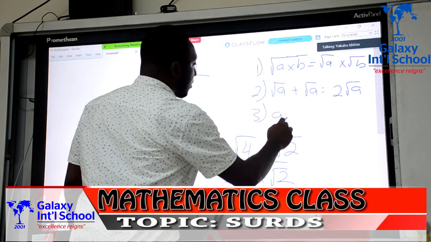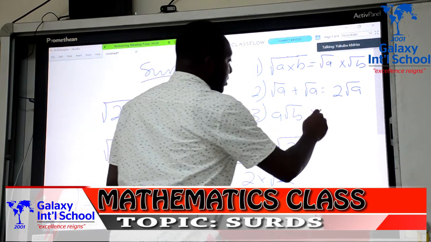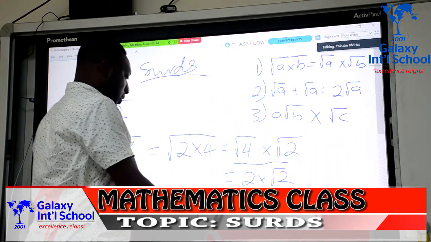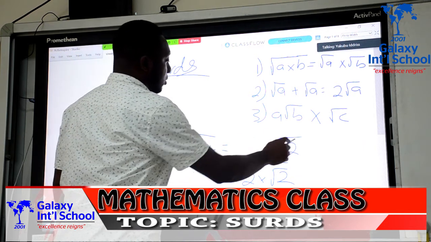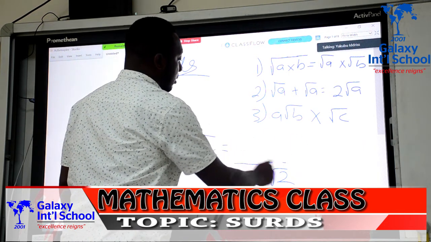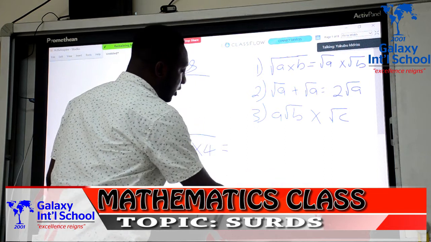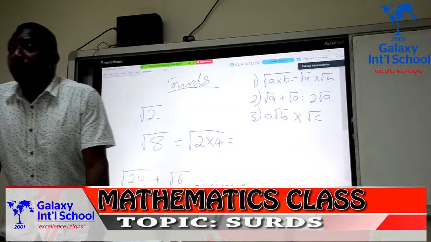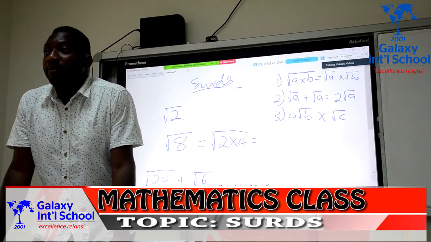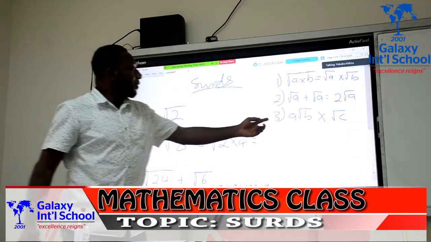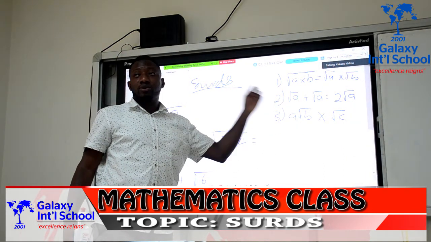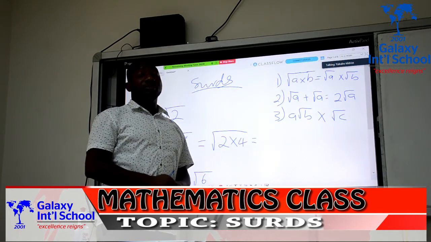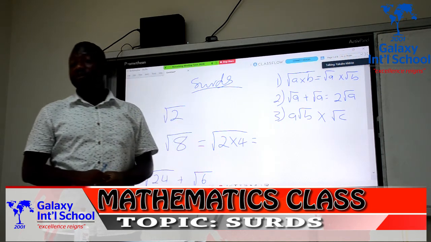If we have A root B times root C, A root B multiplied by root C, what do we do? Because it's multiplication of surds, it doesn't matter what the numbers in the square root are. We multiply the numbers inside the square root. So we have A square root of B times square root of C. Root B and root C are not the same, but because this is multiplication, we can multiply them.